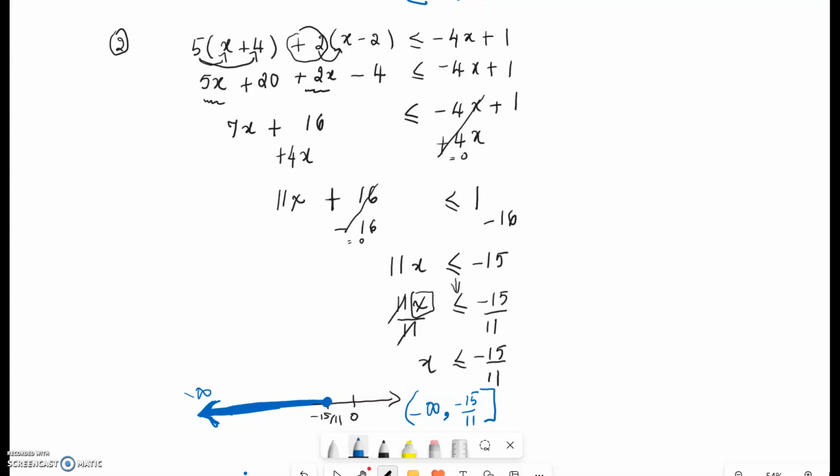So this square bracket means include the endpoint, and this would mean exclude the endpoint. Inclusion would be a solid dot. Exclude, we'd have to leave a little hole there, everything except that one point.